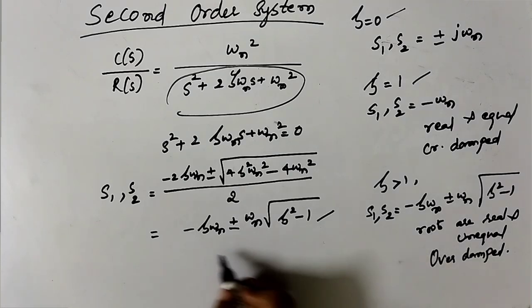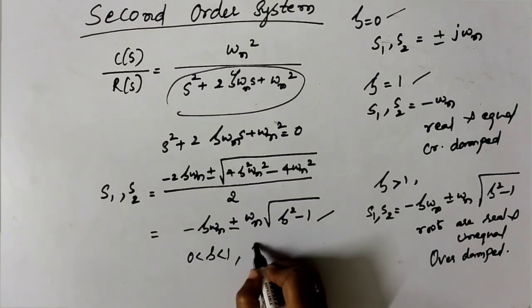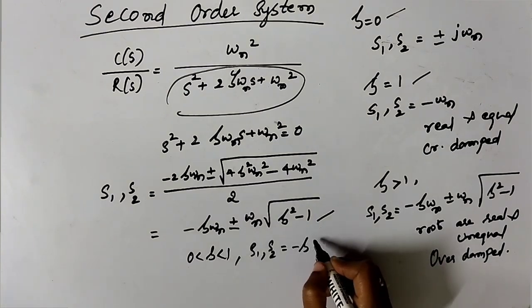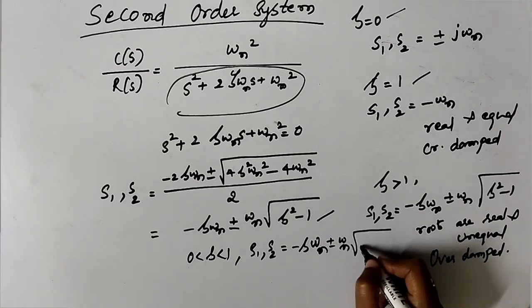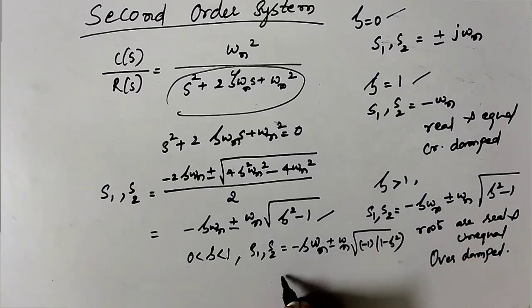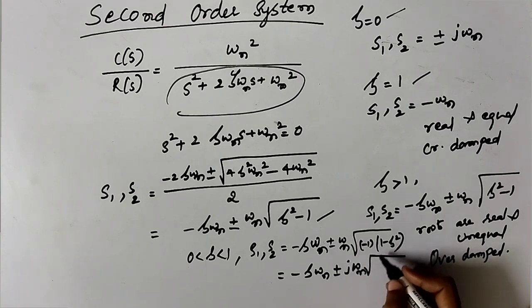For the next case, where zeta is in between 0 and 1, we have s1 and s2 as minus zeta omega n plus or minus omega n, taking out minus 1 common here, square root of 1 minus zeta square. From this, taking minus 1 out of the root, that would be minus zeta omega n plus or minus j omega n root over 1 minus zeta square.